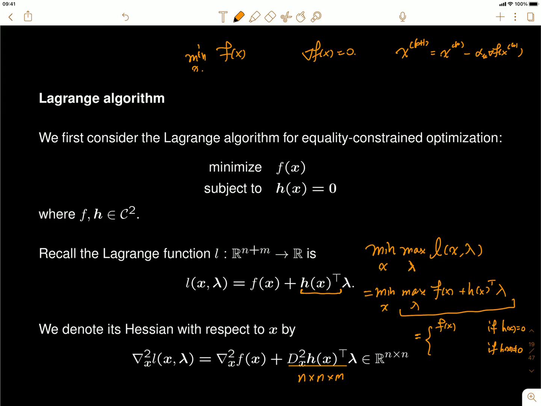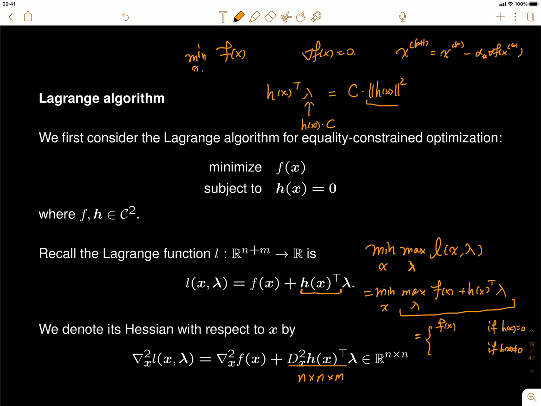Well, if h(x) is not 0, in this case, it doesn't matter what f of x is. This is a non-zero vector, and I can choose this lambda to be extremely large. Say I choose lambda to be h(x) itself times some super large number, call it c. Then h(x) transpose lambda becomes c times the norm of h(x) squared.